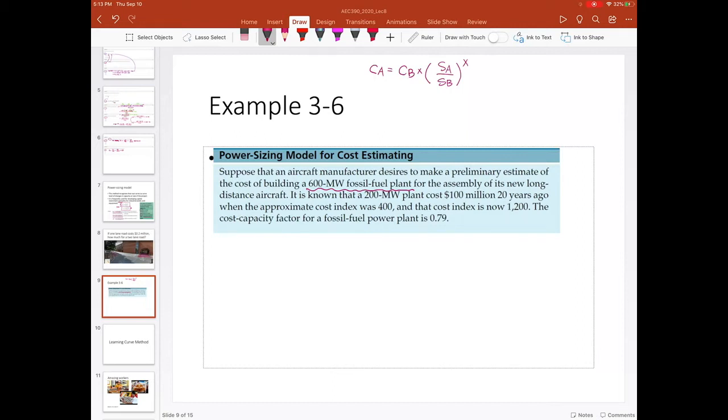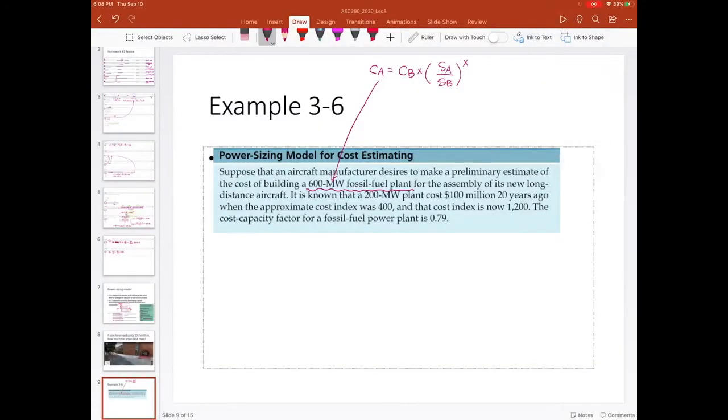Okay, and we said that CA is the unknown cost. So in this example, CA is the unknown cost, and we know that the cost we want to know is about the 600 MW fossil fuel plant, okay?